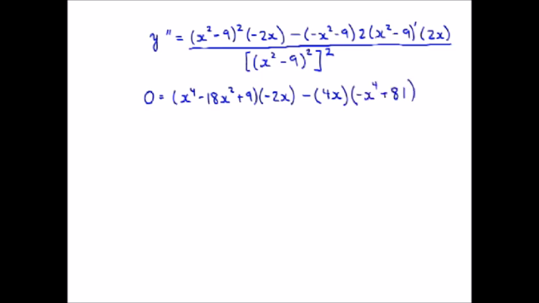Now, I've deliberately made a mistake on my next step, so please don't copy it down. What I've done is I've just merely gone ahead and just expanded all the terms in the numerator. And what you'll notice is that eventually I'd be left with a fifth degree polynomial in the numerator, which I'd be setting equal to 0 and attempting to solve.